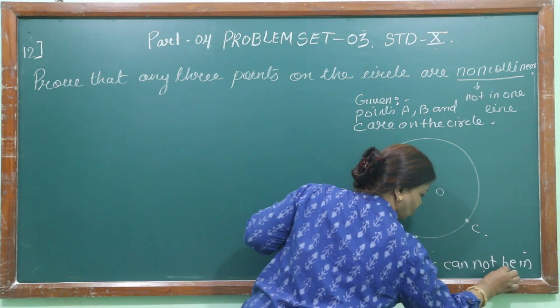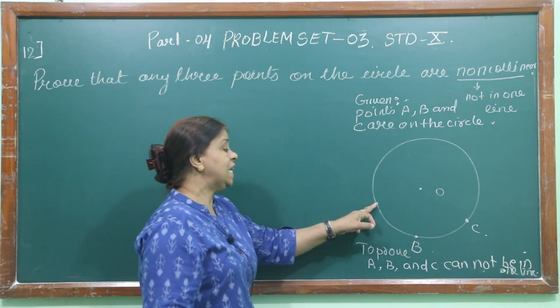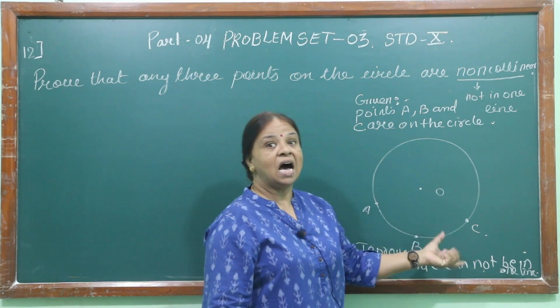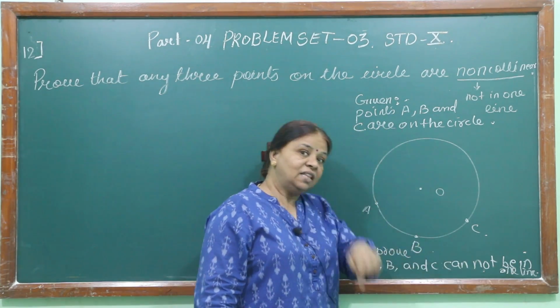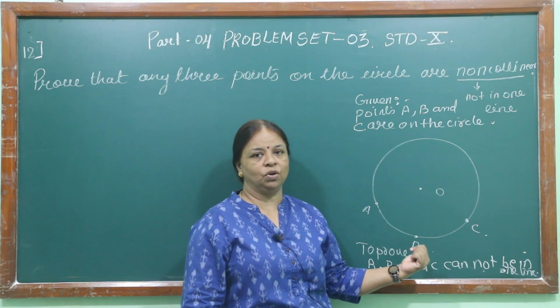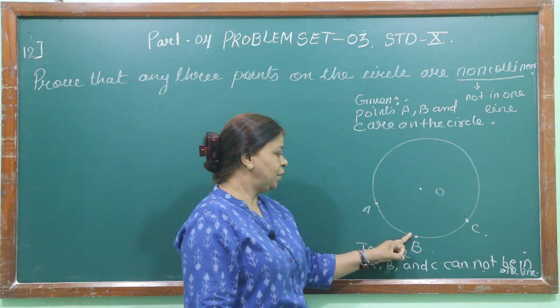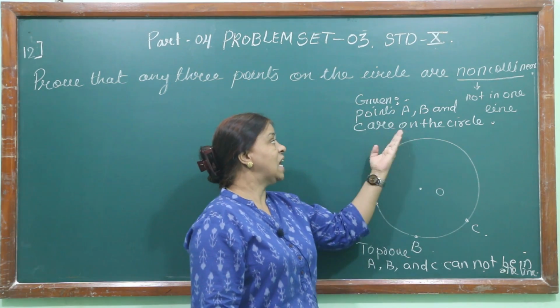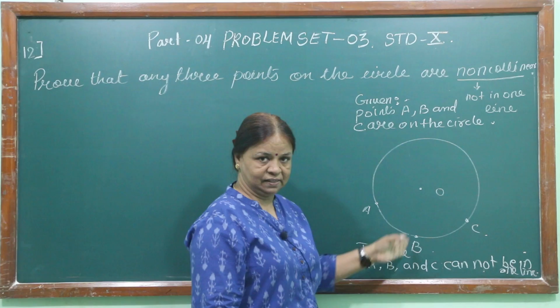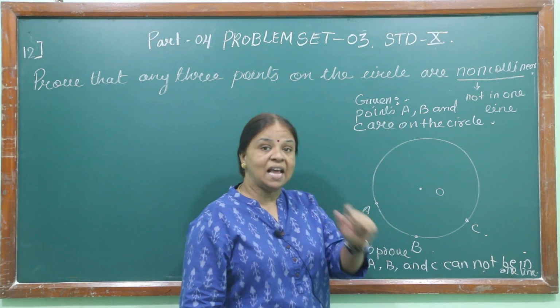That means if the points A, B and C are on the circle, then those points are not on one line. That is what we want to prove. Is that clear?